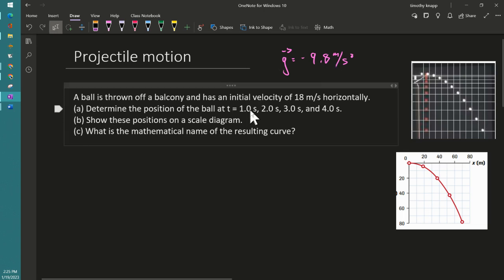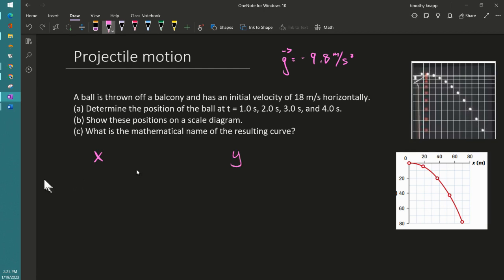So how do we determine the position of the ball? Well, we want to basically take these in two separate scenarios. Here's the x and the y, and I'm going to do it for 1 second. Since in the x direction it's moving horizontally at a constant velocity, I know that velocity equals distance over time.